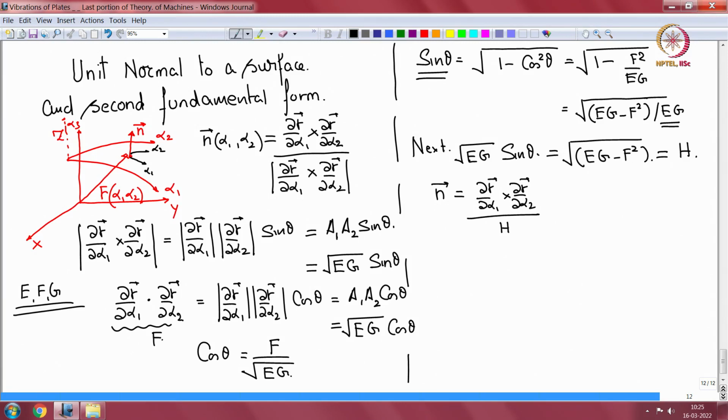And we say n points from the concave towards the convex side.